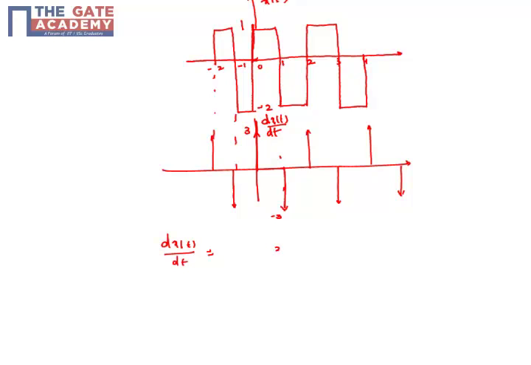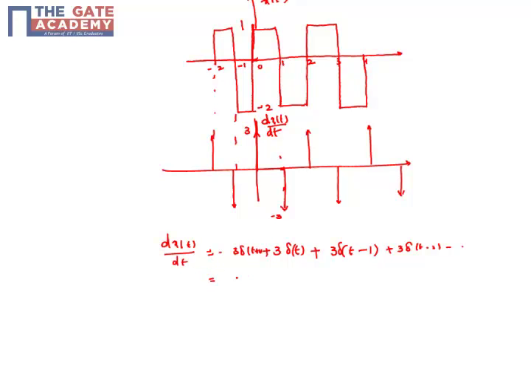This is nothing but 3 into delta of t plus 3 into delta of t minus 1, and 3 into delta of t minus 2, and so on. Similarly in the negative direction, this will become 3 into delta of t plus 1, and so on.